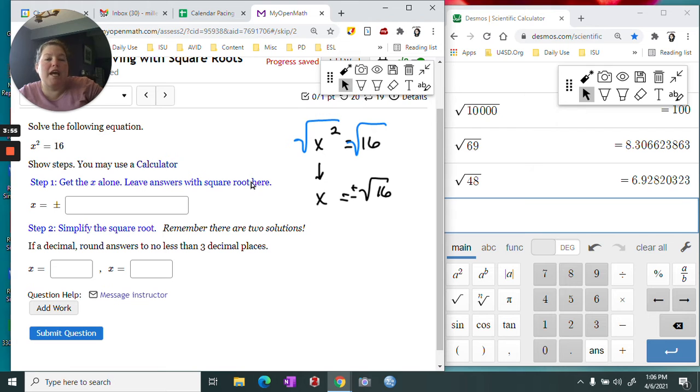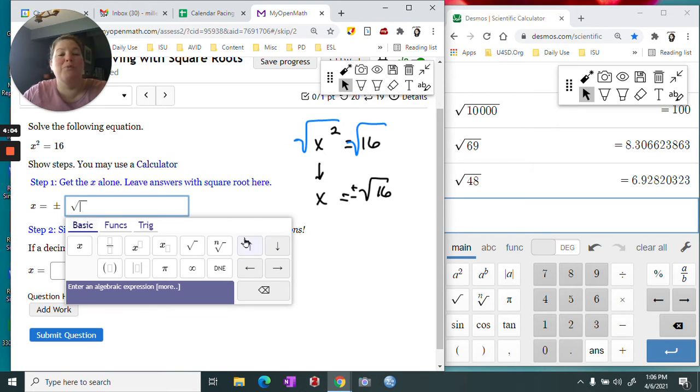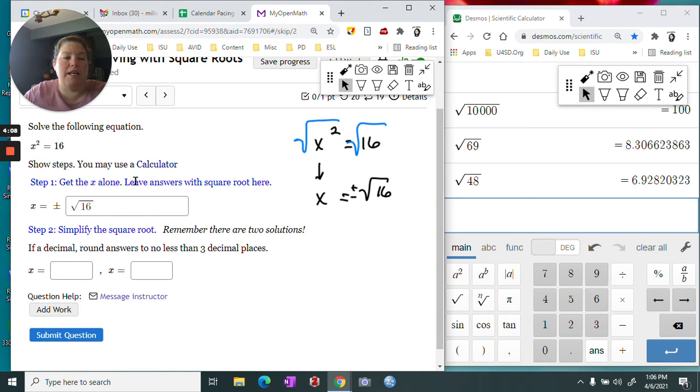So I'm going to type this in as the square root. I have a square root button, or that same feature of SQRT will bring it up as well. So I'm going to type in my 16 here, square root of 16. Step 2 is where we simplify it.